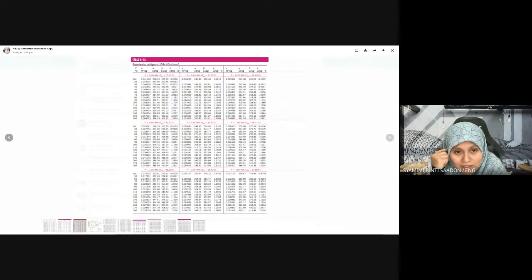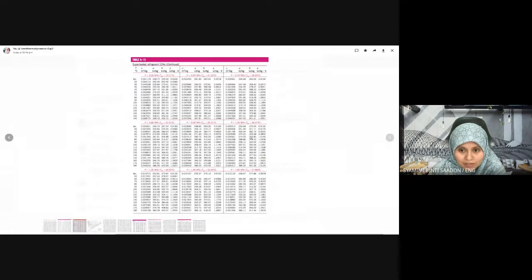Superheated refrigerant is like the superheated water table, just that this one is for refrigerant R134A. So pressure 1 megapascal and temperature 70 degrees Celsius at the inlet. 1 megapascal is this one, and temperature 70 degrees Celsius.